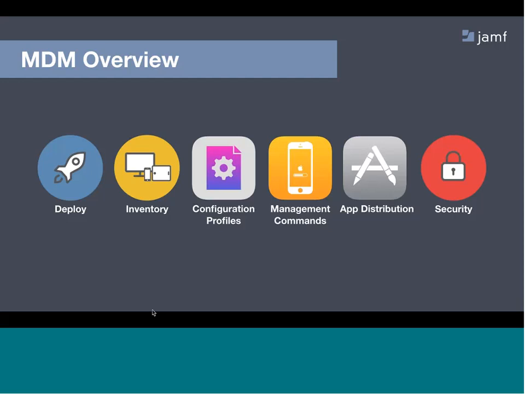The next one is around app distribution, and we'll get into this in some detail. But of course, for those of you leveraging iPads, iPhones, Macs, and you want to get apps on those devices, typically what we're used to is needing an Apple ID and being able to download those apps individually on each device. There is, of course, a more streamlined way to do that through Apple's volume purchase program.